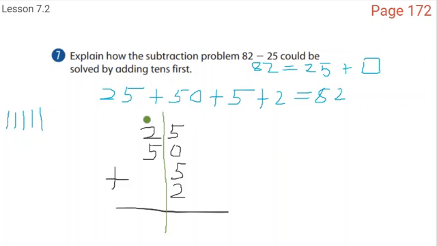Remember, these are ones and these are tens. 5 plus 5, that's a double. So 5 and 5 make 10. Oh, whoa, Mr. Woods, what do we do? Well, if that's a 10, we can put that 10 over here. Okay, so these are gone. There's only 2 ones left. 2. And then we have 1 plus 2, 1 10 plus 2 10s is 3 10s, plus 5 10s is 8 10s.